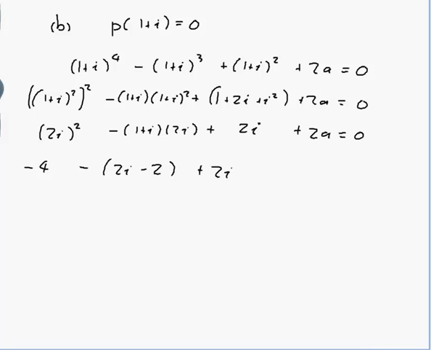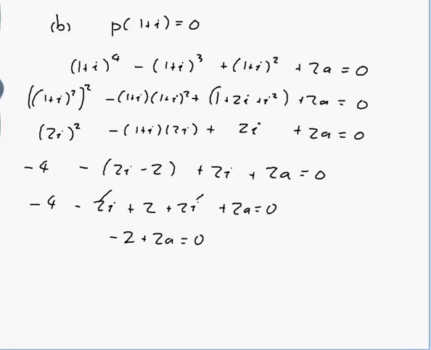Plus 2I plus 2A is 0. So we have minus 4 minus 2I plus 2 plus 2I plus 2A is 0. The 2Is cancel. Minus 2 plus 2A is 0, because minus 4 plus 2 is minus 2. 2A is 2. A is equal to 1.